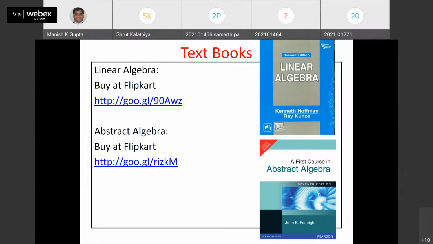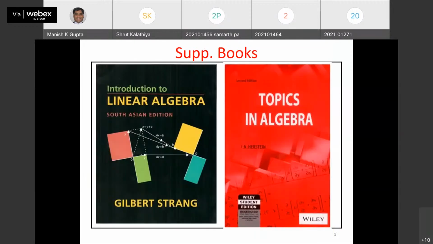But if you are really loving mathematics, then you can look at it. And there are some supplementary books. This is a quite celebrated book, I. N. Herstein, Topics in Algebra, and it will challenge your brain, right? So if you love to do exercise for your brain, you can try to solve the problems of this book anyway.